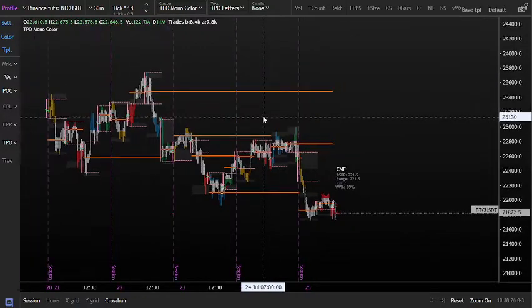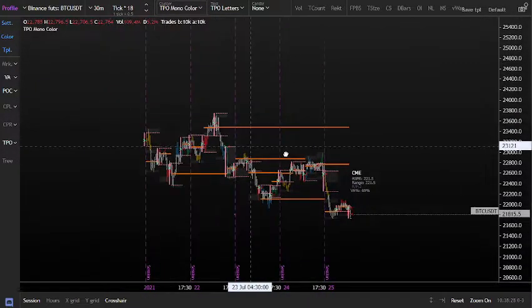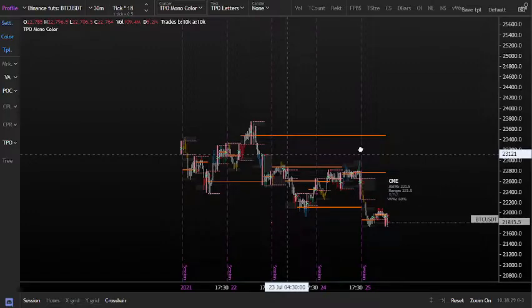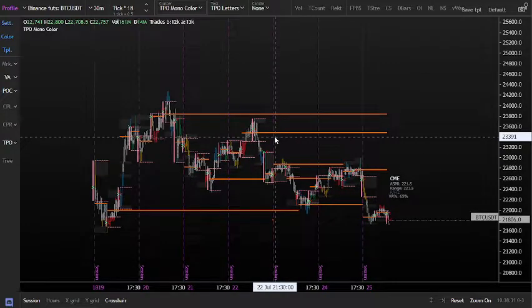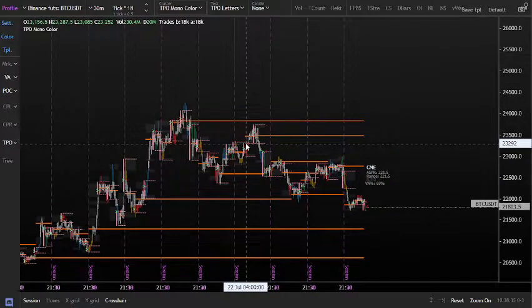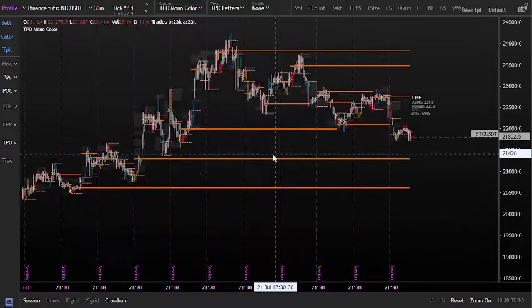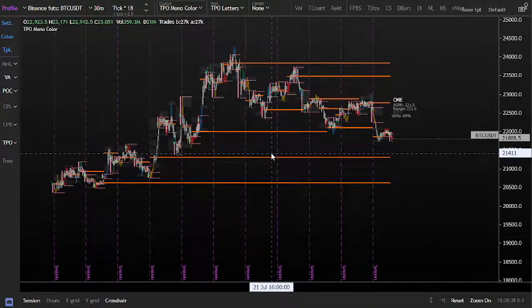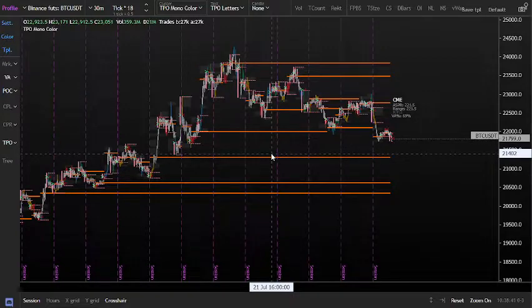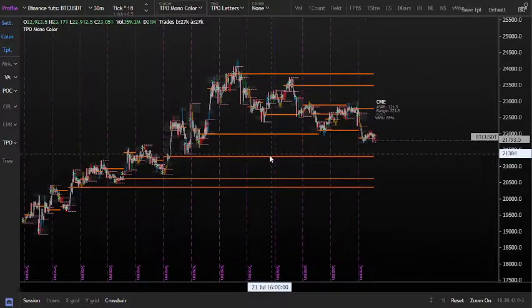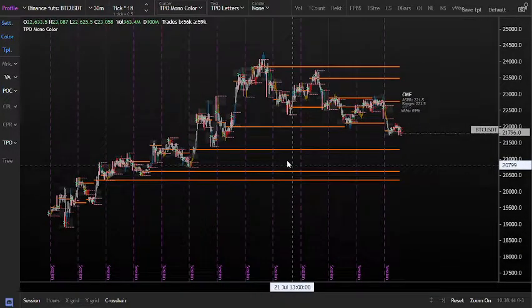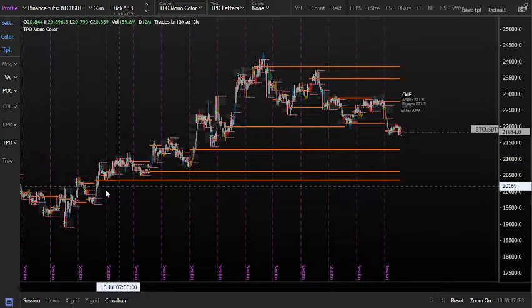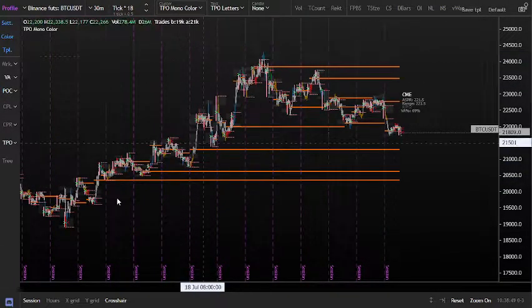I'm already watching these past sessions' TPO charts, and we see, okay. What this picture is showing me is a clear example of mean reversion, of responsive action.